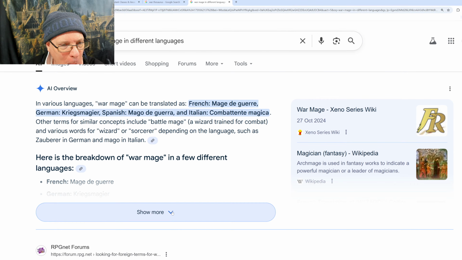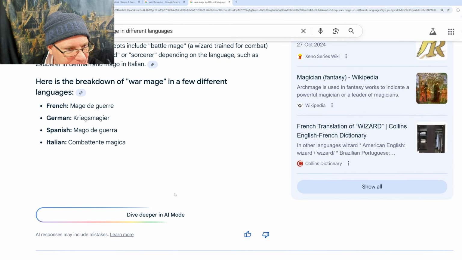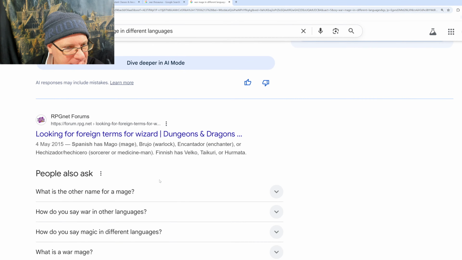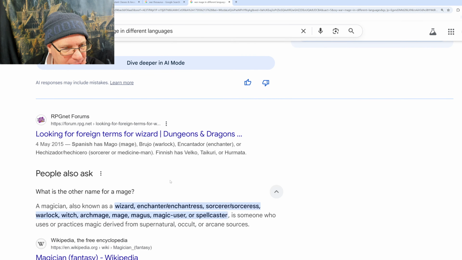So there are a few. German, French, Spanish, Italian. Enchantress, Enchanteur, Archmage already exists, so we can't use that.